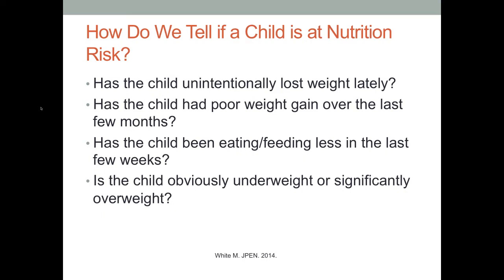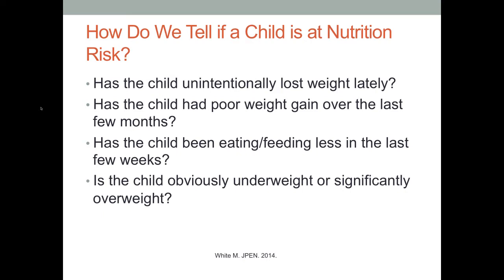So to start with, I assigned you an article by White et al. to read. It was in the Journal of Parenteral and Enteral Nutrition a few years ago, where they compared a screening tool that asked some questions that could be easily administered by a nurse when a patient was admitted to the hospital, or even maybe by a physician or a physician assistant in a clinic, to identify nutrition risk.